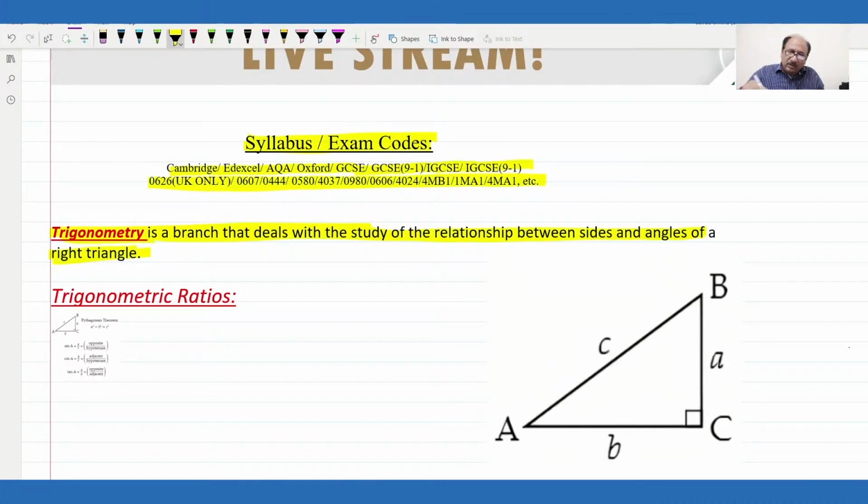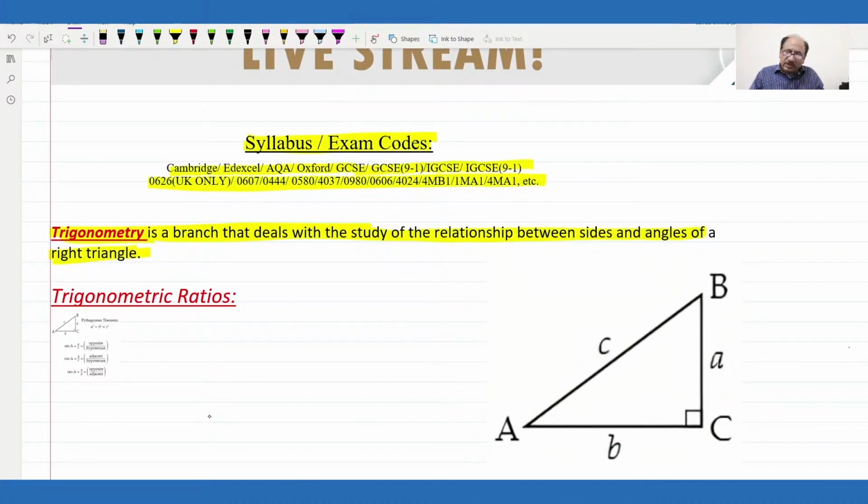I have taken a right triangle over here for you, and these corner vertices are capital A, then B and C, and this is the right angle symbol which you know already. This side length is a, similarly this side length is b and this side length is c. So small letters are representing the side lengths.